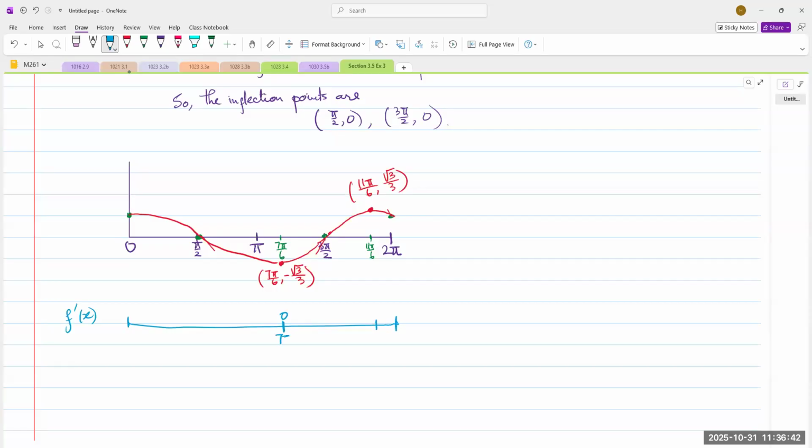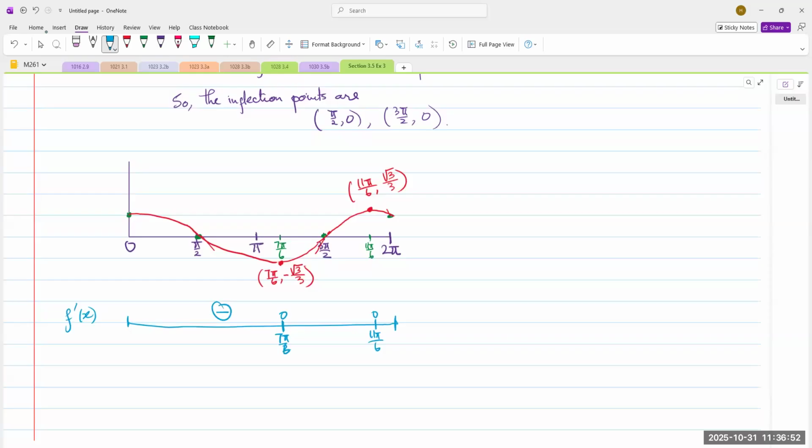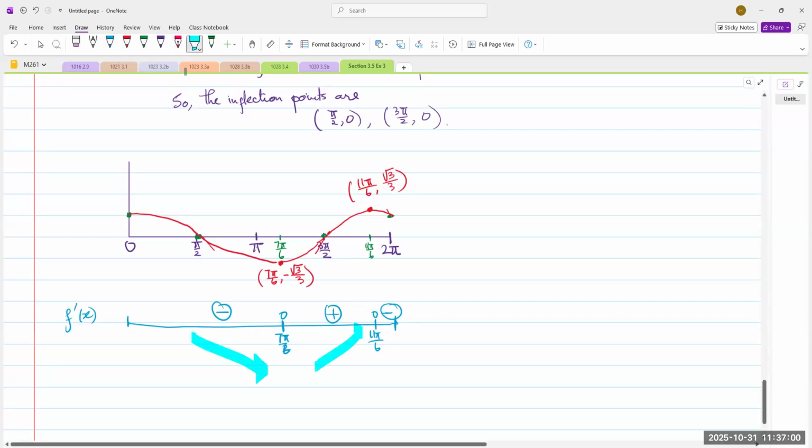At 7π/6 and 11π/6, those are the zeros, but it's negative here, positive here, negative here, which means the function is decreasing, then increasing, then decreasing.